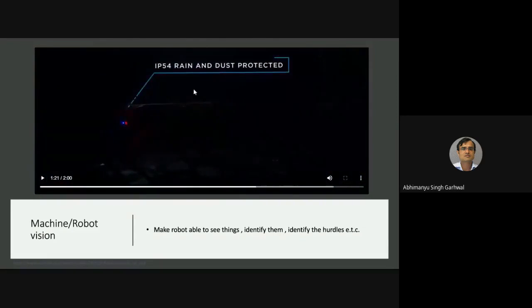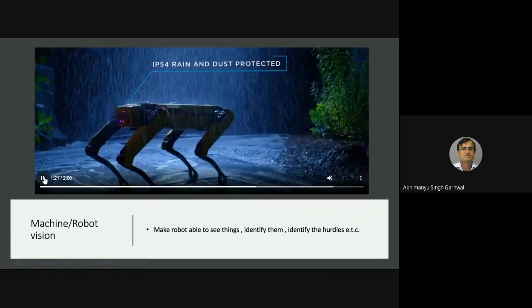Now the biggest challenge is to capture images in night mode, but there are very good algorithms nowadays that can detect very well in night mode as well.